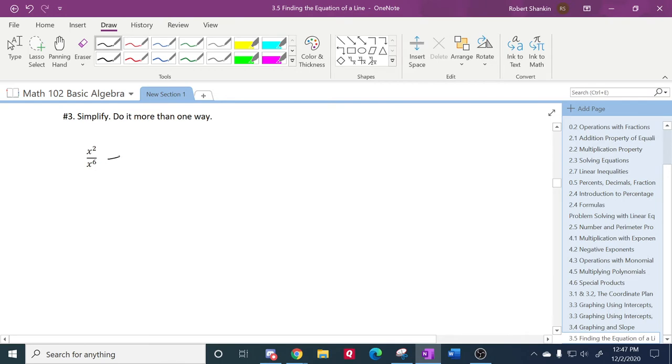All right, one way, yes. And we reduce 1 for 1. Divide by x, keep dividing by x. Another way. When you divide, you subtract the exponents.